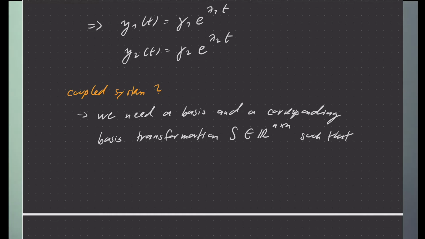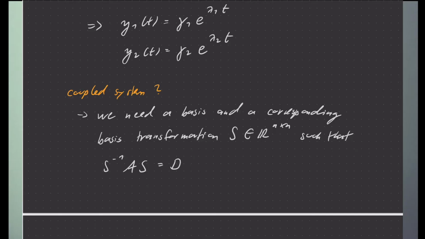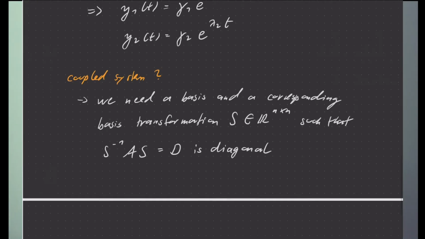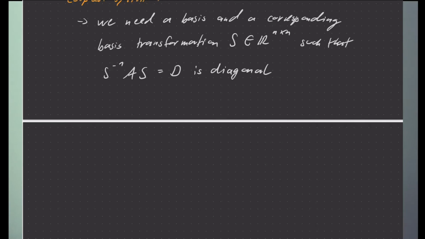Such that the transformed matrix, that is S to the minus 1 A S, so that's the matrix A converted to the new coordinate system represented by S, and this matrix, we want that to be diagonal.